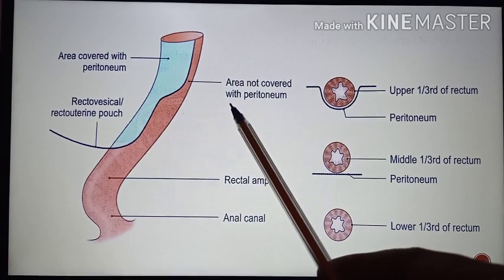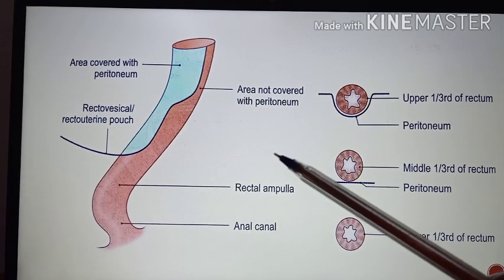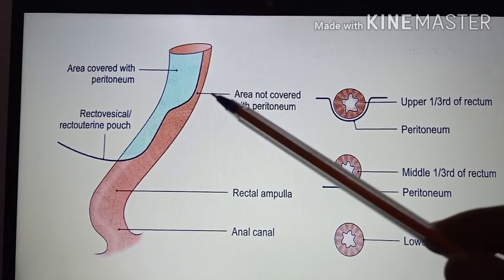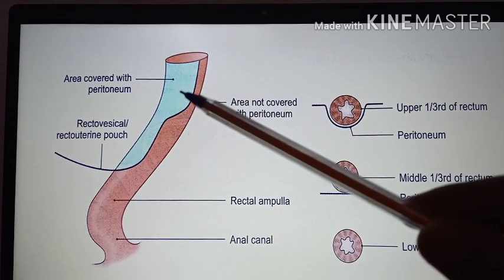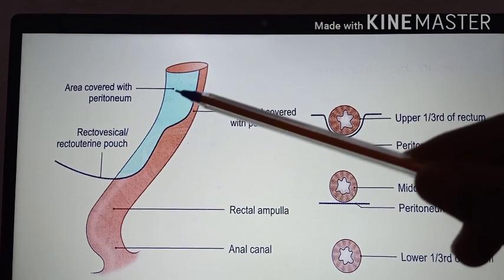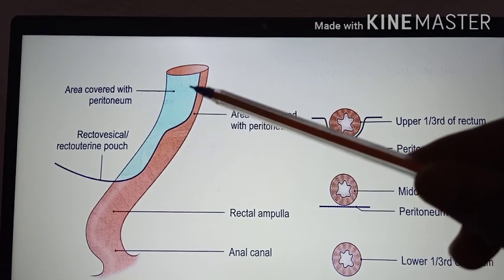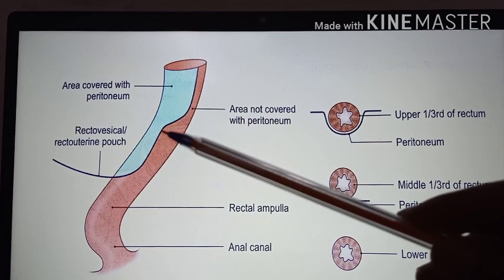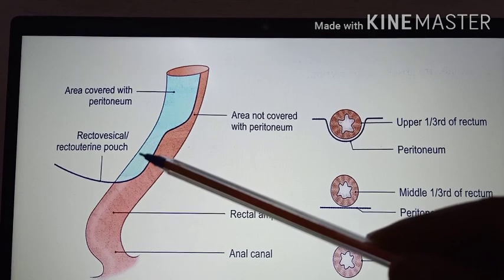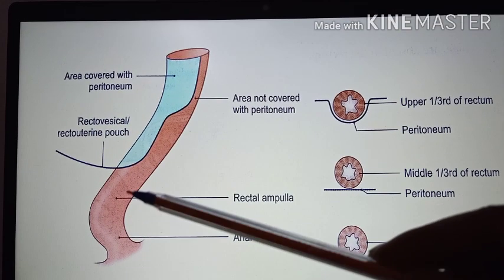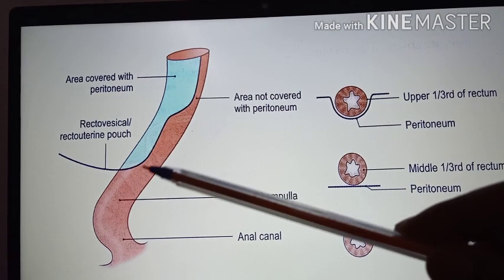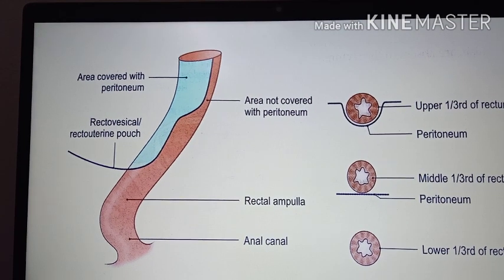This slide is going to show you the peritoneal relations of the rectum. The upper 1/3 of the rectum is covered with peritoneum in front as well as in the sides. The middle 1/3 is covered only in the front, whereas the lower 1/3 of the rectum is devoid of peritoneum.